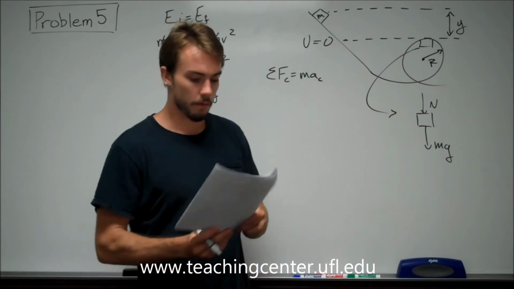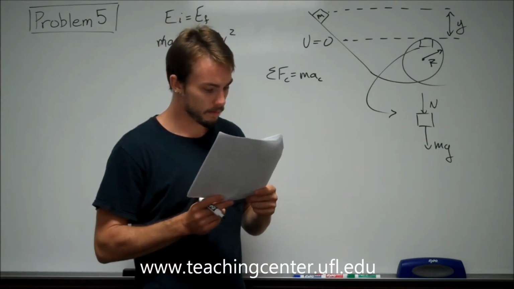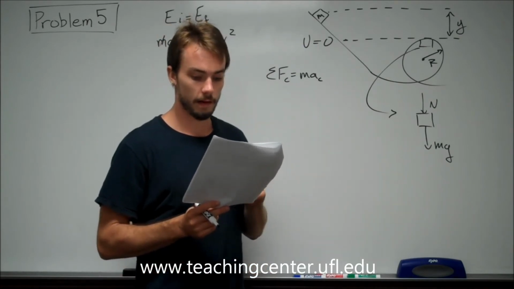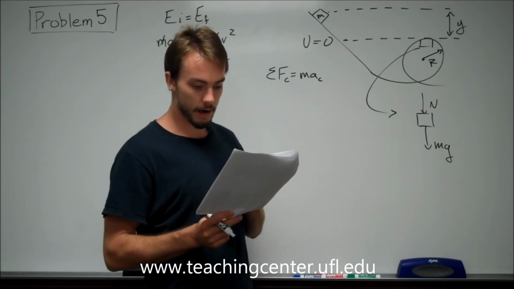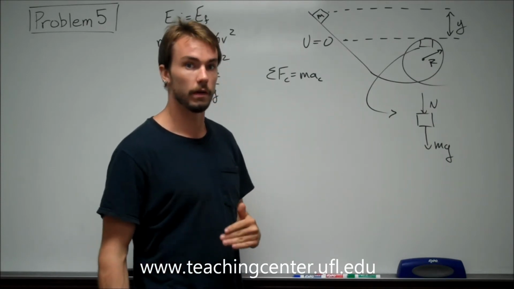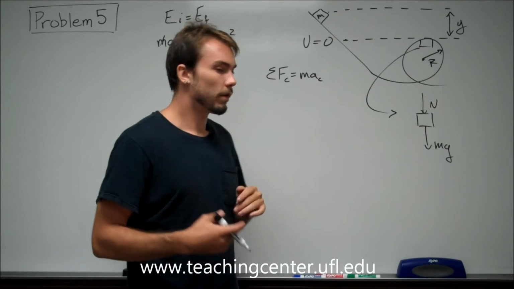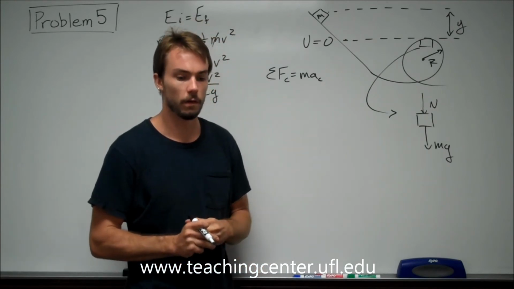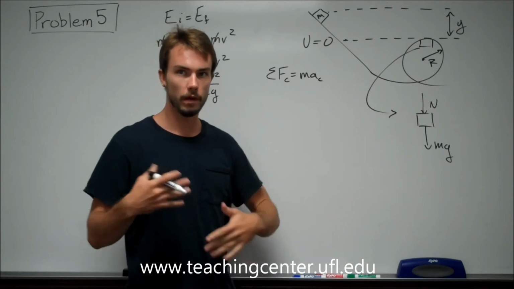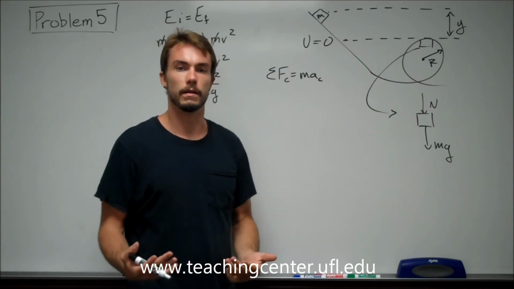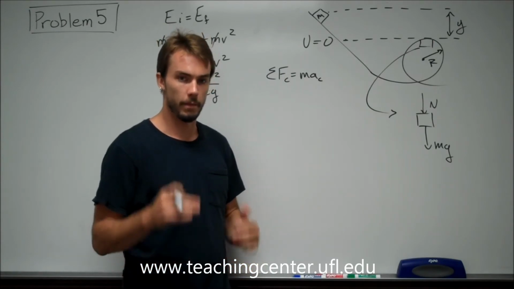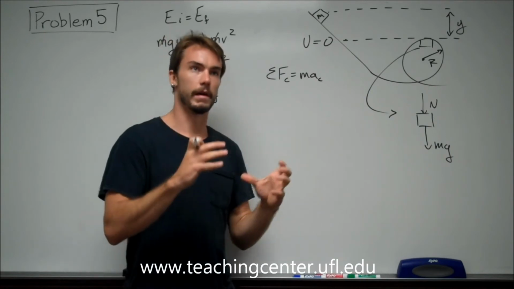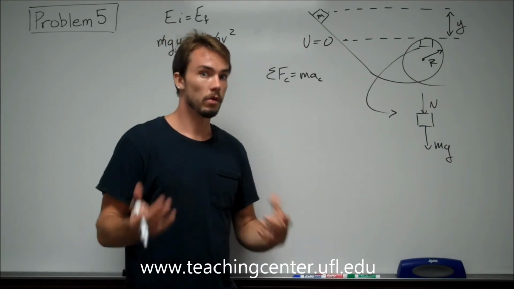However, in the problem, they state: what is the smallest value of y such that the object will slide up without losing contact with the track? The smallest value without losing contact. What they're saying is that it's just barely staying on the track. Whenever they have a situation like that, they want you to realize that if it's about to fall off, at the breaking point, there's no normal force due to the track.